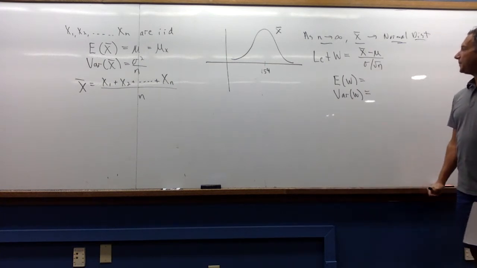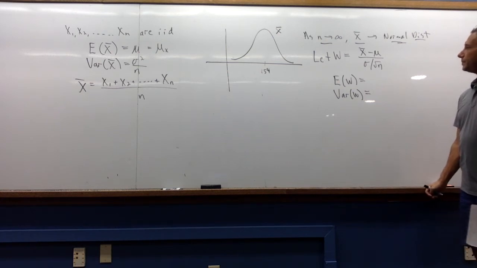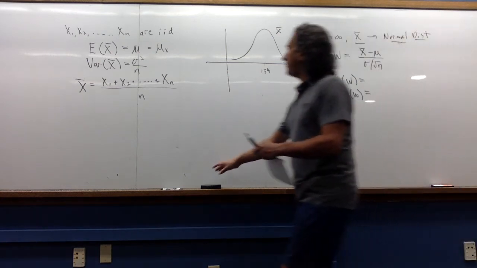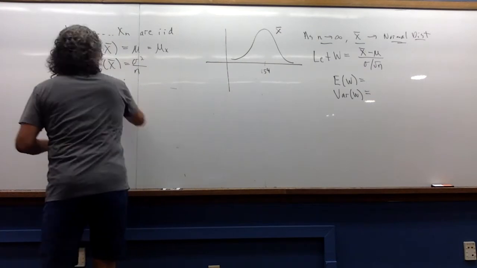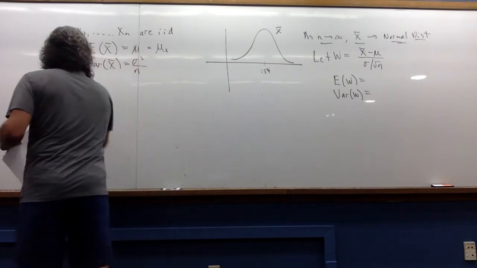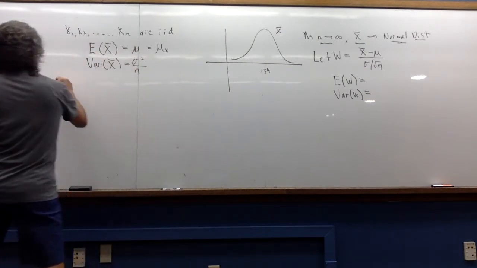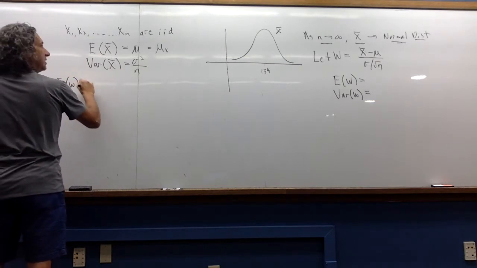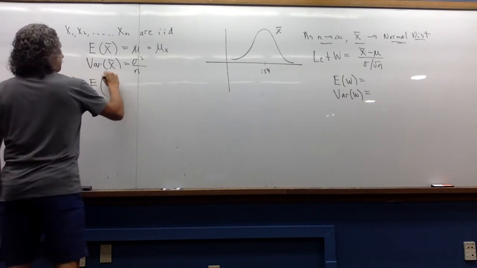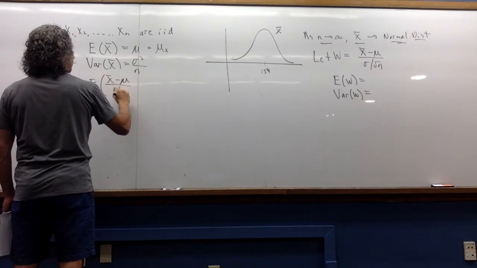Okay, so pause the video. Well, let's see. Hopefully you said that the expected value of W is the expected value of x bar minus mu over sigma over root n.